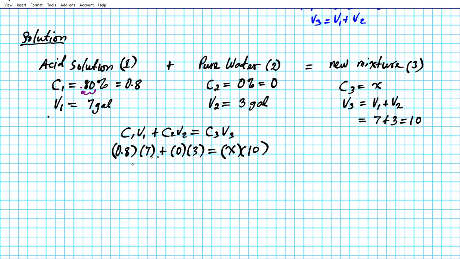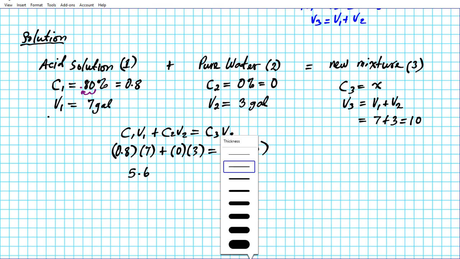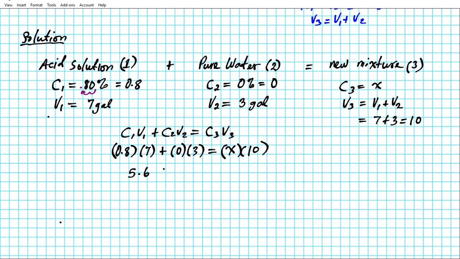Okay. Now I can multiply this out with your calculators. 0.8 times 7 is 5.6. Let me show you the steps here. I don't want to skip steps so I don't lose anyone. So it's 5.6 plus 0 equals 10x. Since these two are constants, we can combine them. 5.6 plus 0 is just 5.6, equals 10x.